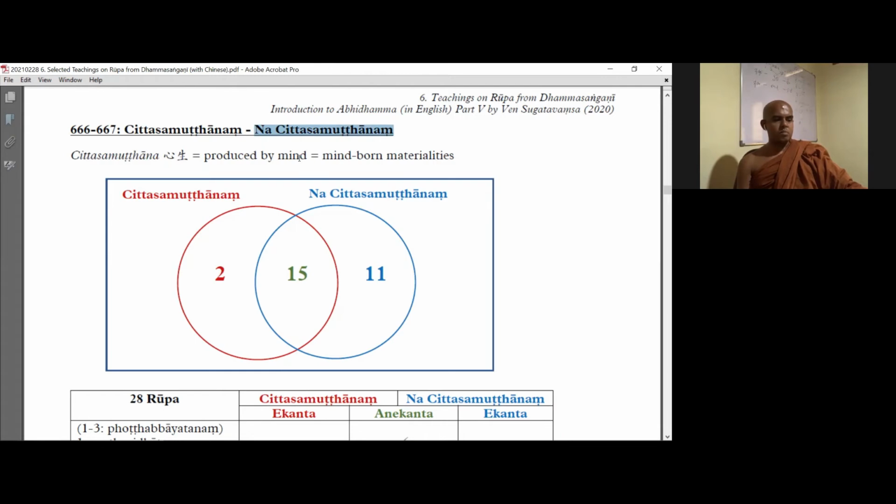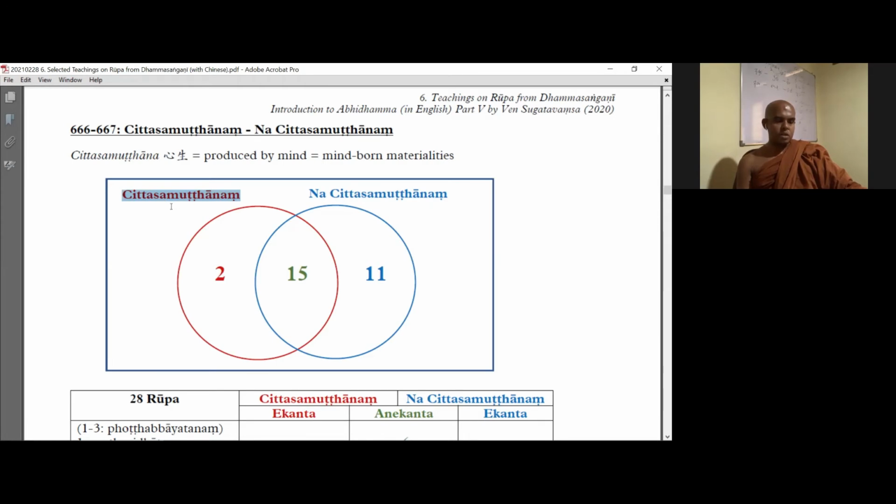Chitta Samuttanam means produced by mind, some of the materiality produced by mind, meaning mind-born materiality. Some of the rupa are produced by not mind, and they say not mind-born materiality. Now, how many mind-born rupa, how many not mind-born rupa.